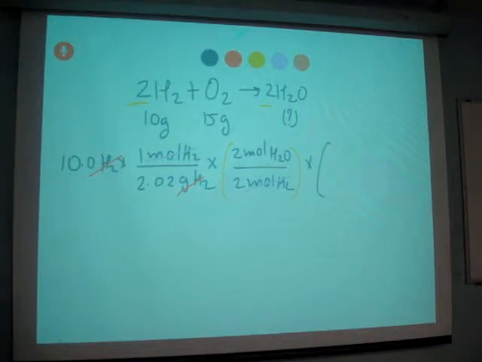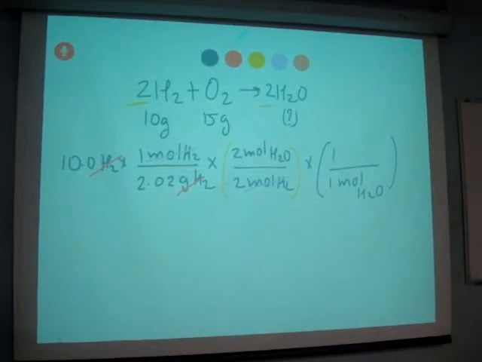Then you convert from moles of H2O to grams of H2O. You know that 1 mole of H2O has a molar mass of 18.0 grams of H2O. When you do that, moles of H2O cancel, you get grams of H2O.